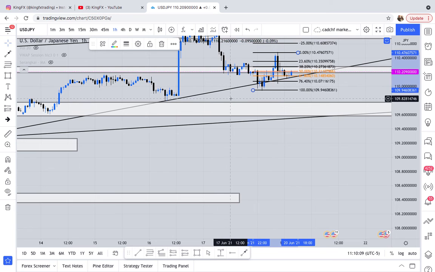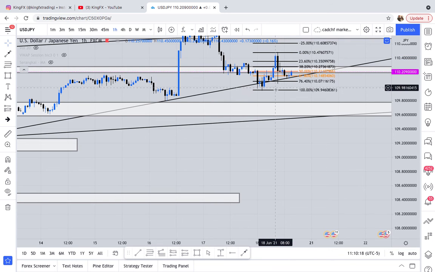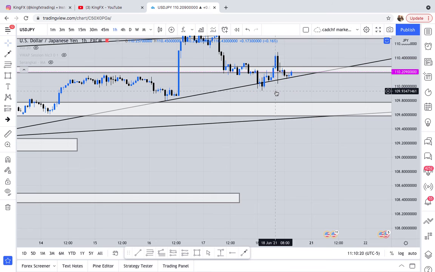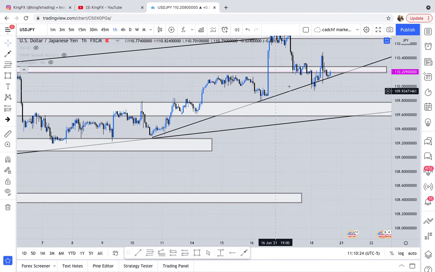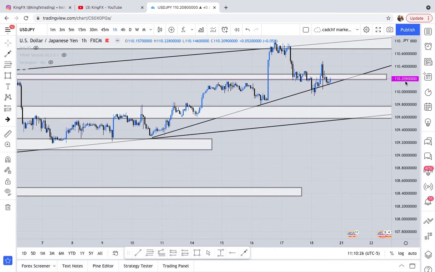So this would be indicating that it could be a potential buy setup for us, but with it being below our zone, I'm more so looking for price to drop more than anything. That's what I want to end up seeing. So we'll just kind of have to wait and see what happens, because it could go either way.